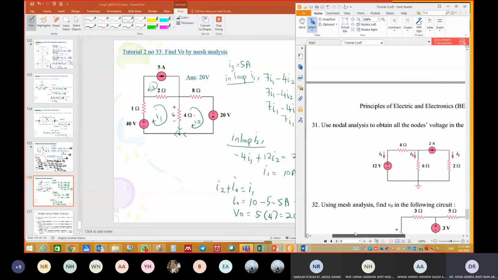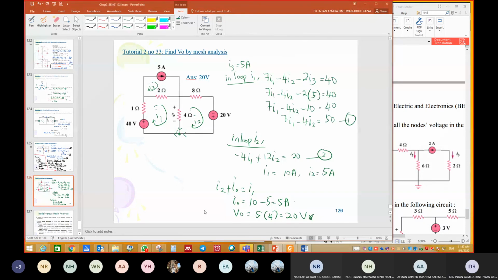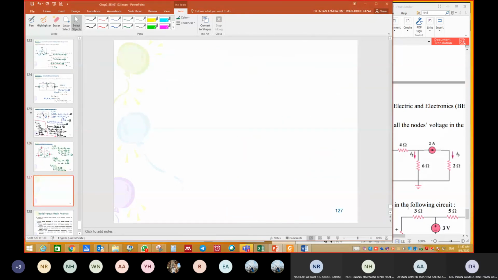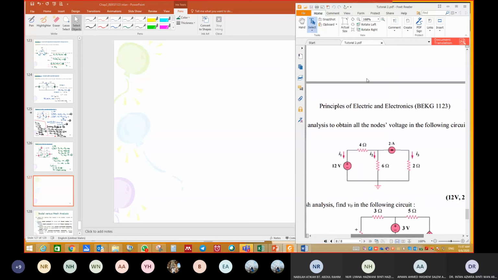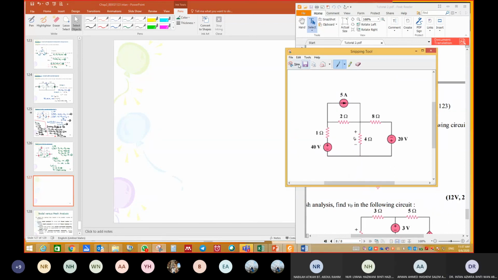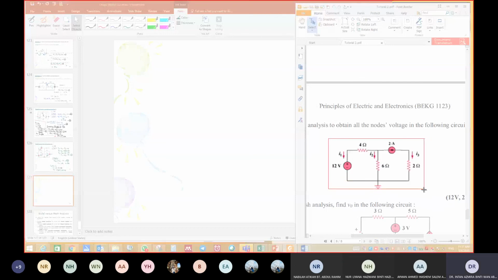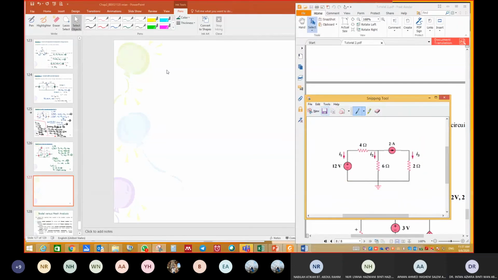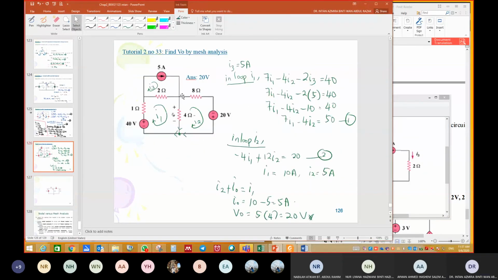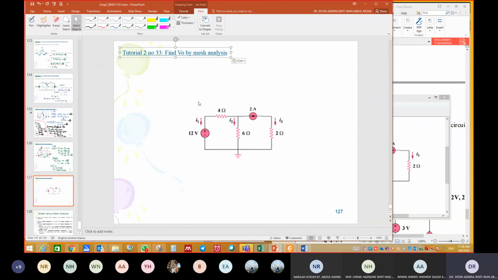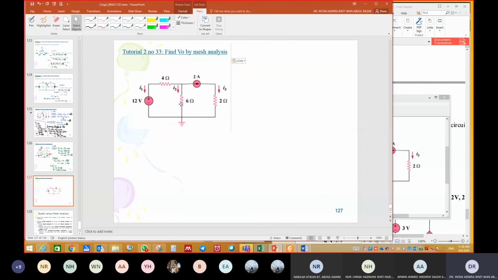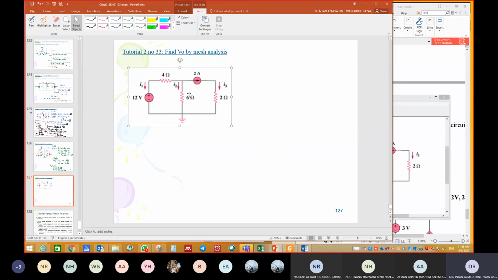Okay, try this. Very easy. Okay, this one. Try this one. Find V of 6 ohm.